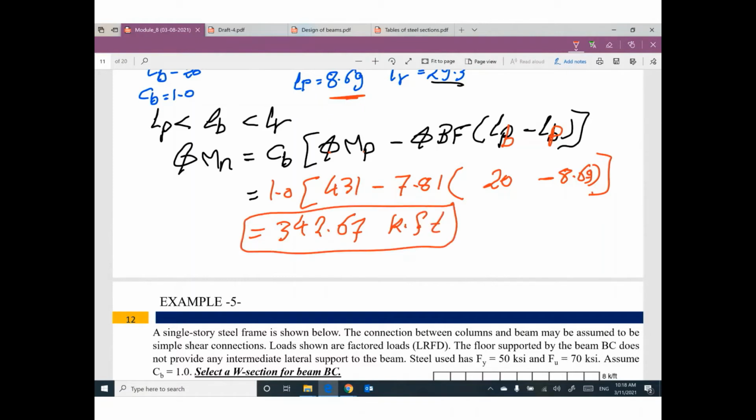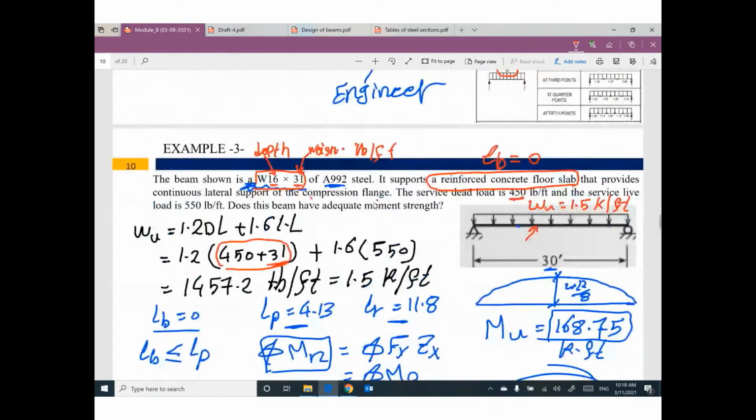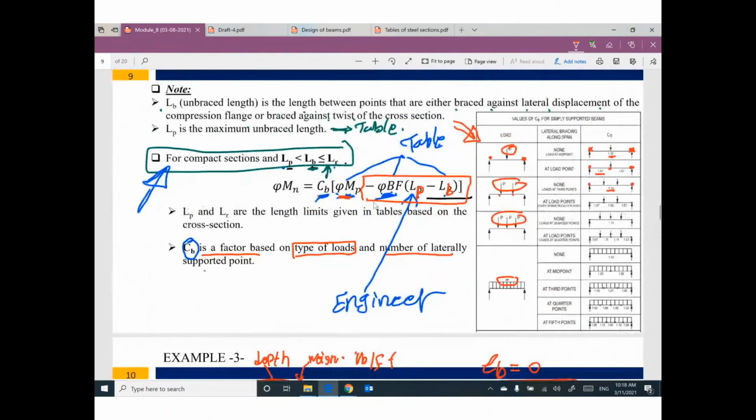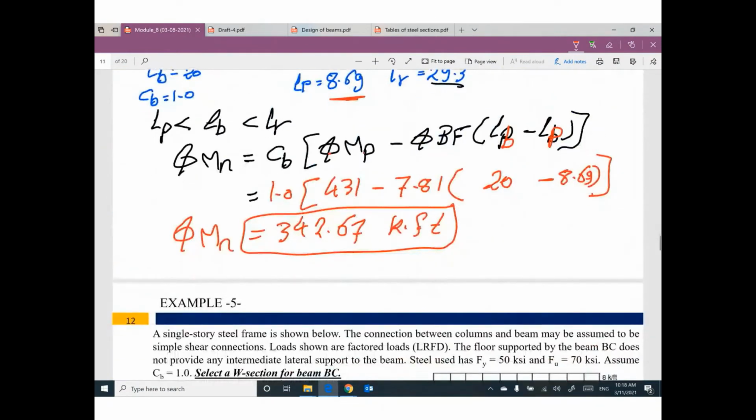So the design strength of this beam will be 342.67. So guys, please go back to your notes and fix it. LP minus LB, the biggest one minus the smallest one. And that makes sense.